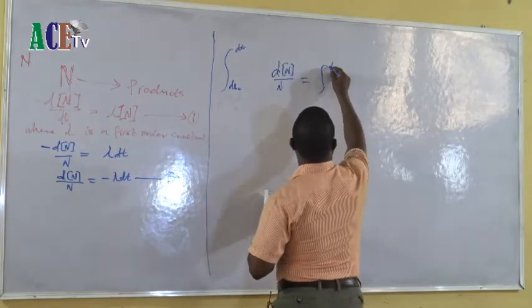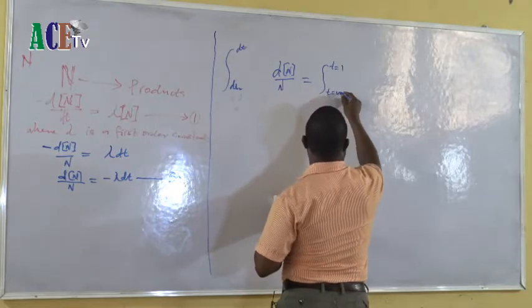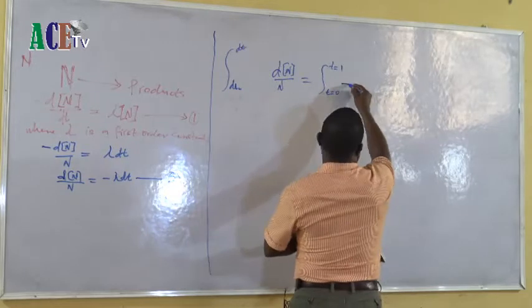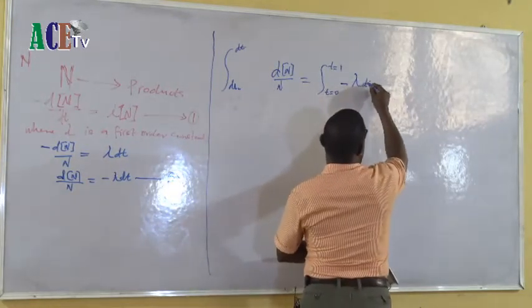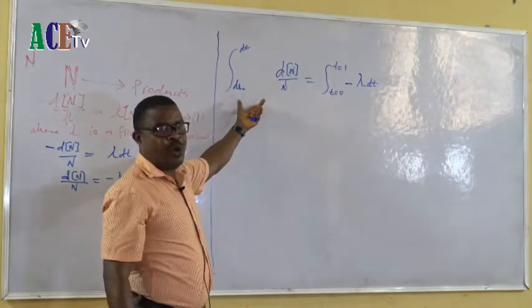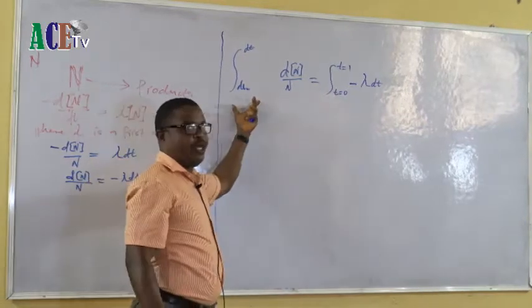integral from when t is equal to t and when t is equal to 0 of minus lambda dt. So what we are trying to do here is we are integrating this particular equation by parts.